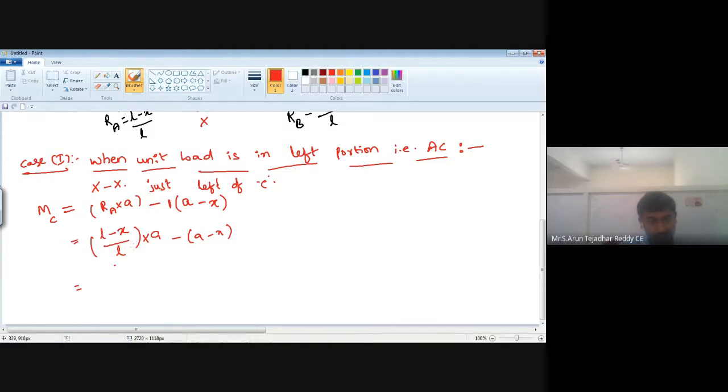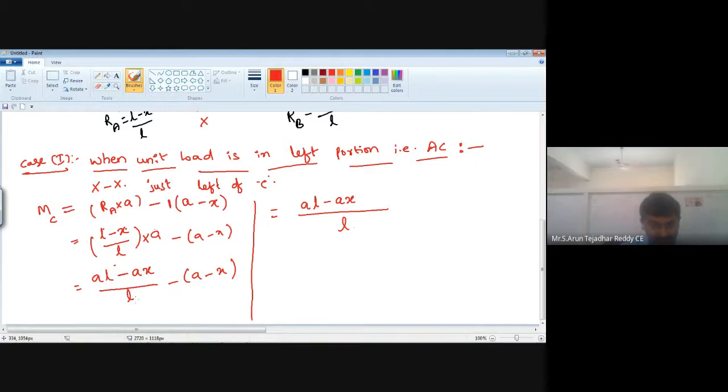We can write it as A into L minus A into X, by L. Next, minus of A minus X. Here the LCM is L, so I can write it as AL minus AX.